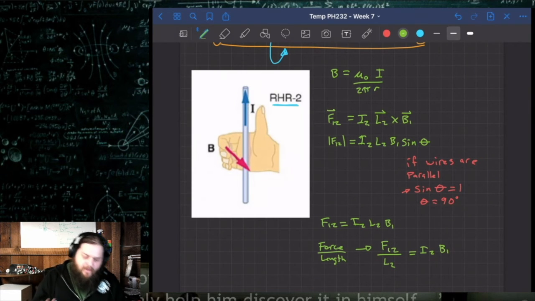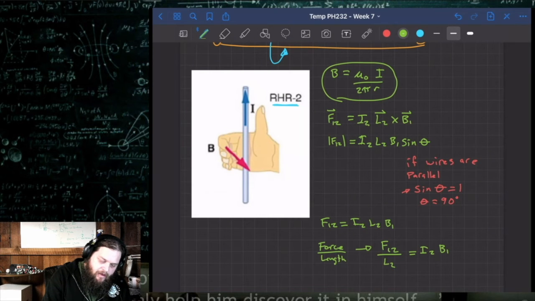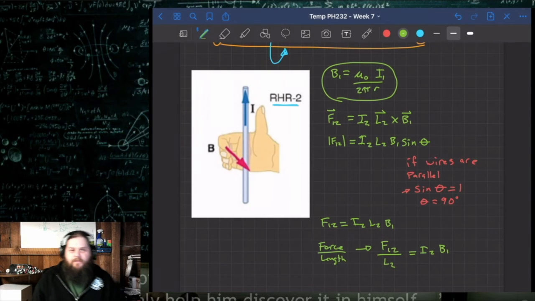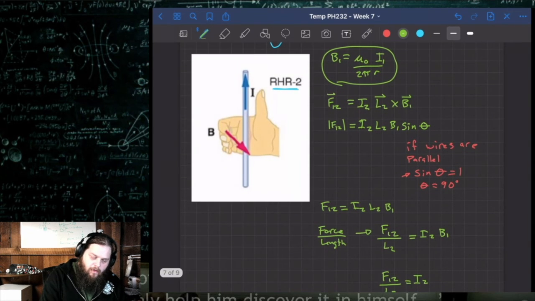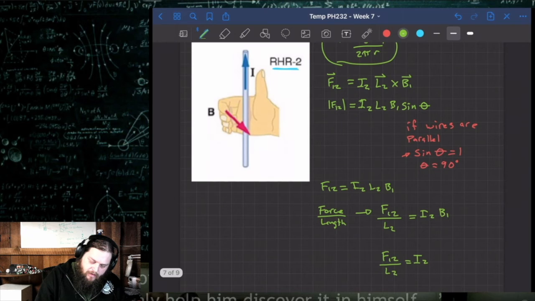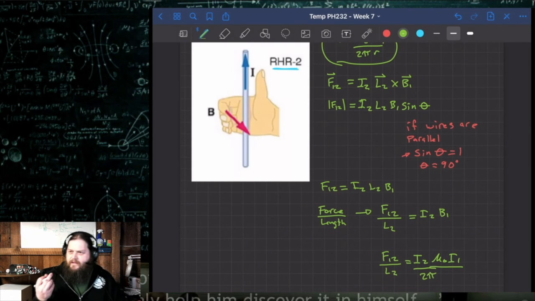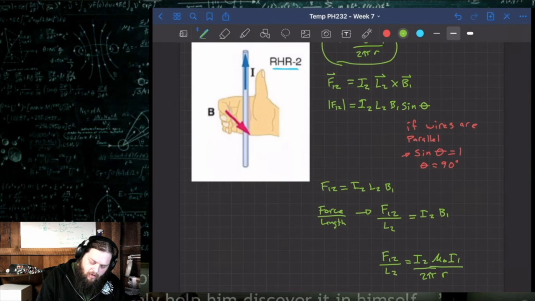And then we can substitute in this value here. Since it's B1, it's going to be I1 that we have up there. So substituting that in, the force of 1 on 2 divided by the length of 2 is going to equal I2 times mu naught I1 divided by 2 pi R, and now our R is really the distance between the two wires, so I'm going to say R of 1 to 2.